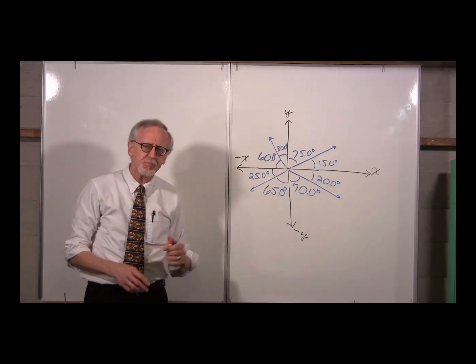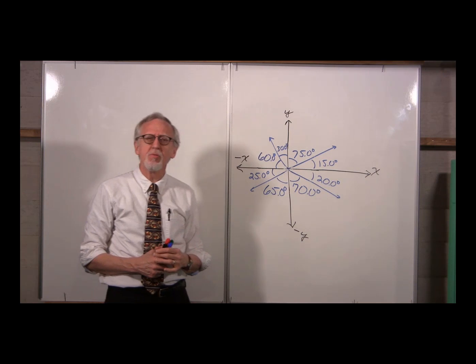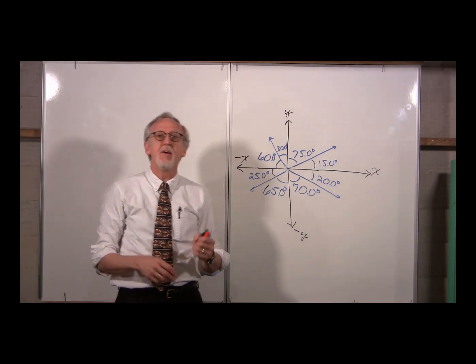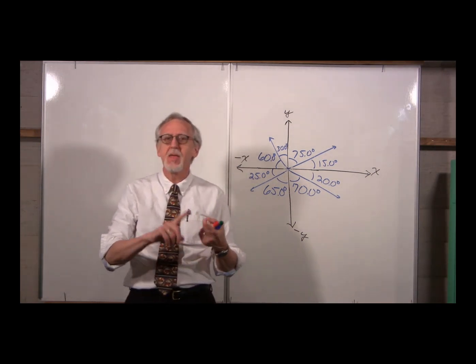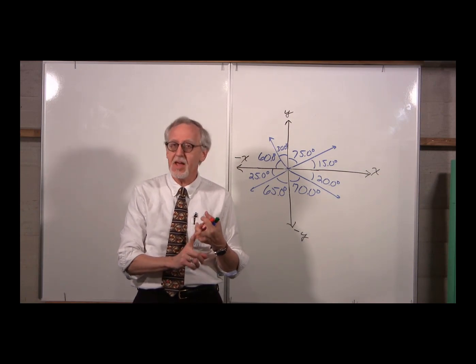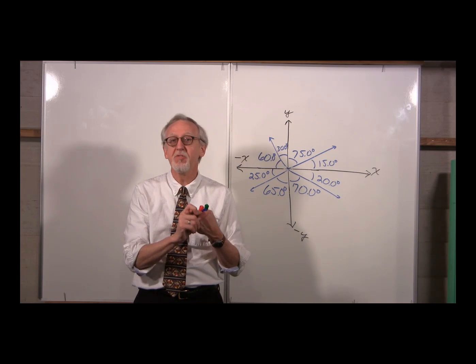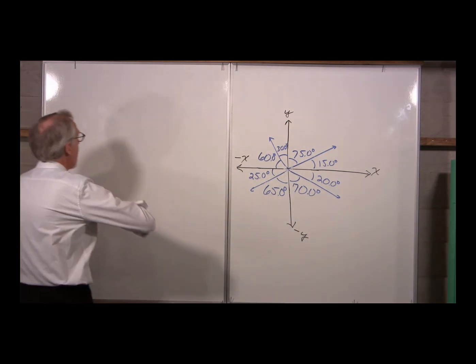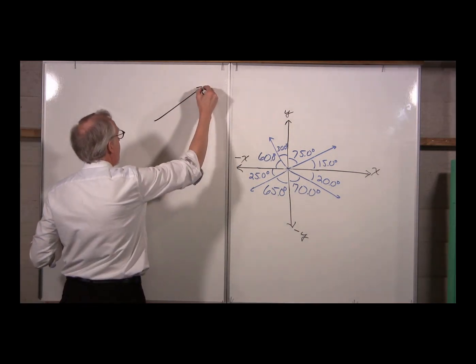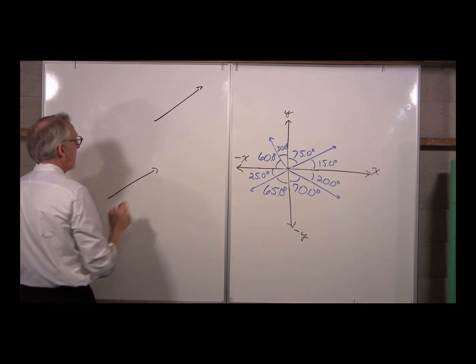Okay? Now, a very, very important result about vectors is that if the magnitude of the vector and the direction of the vector are the same between two vectors, those two vectors are the same vector. So we might have a vector like that and a vector like that.